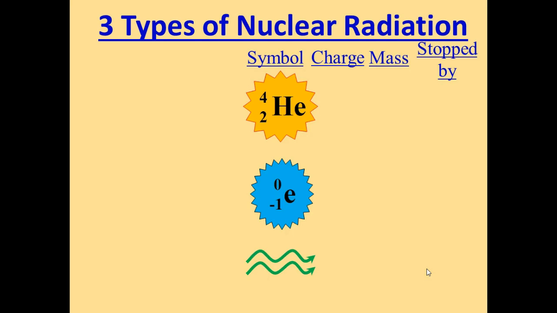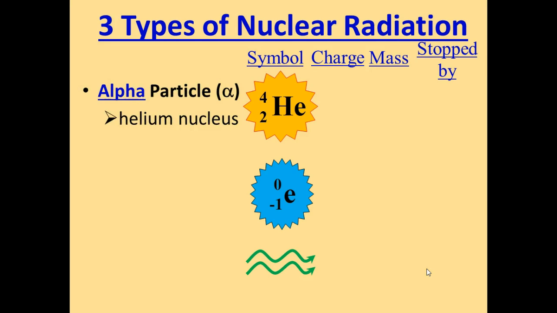And here is some more information. Alpha particles are pretty much helium nuclei, because they have two protons and two neutrons, just like helium does. Their charge is +2 because each of the 2 protons has one positive charge, and the neutrons don't have any charge.